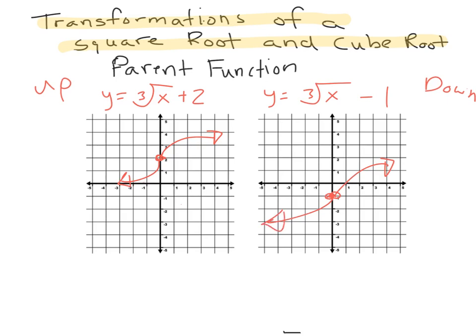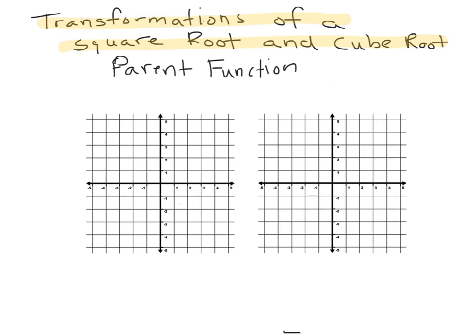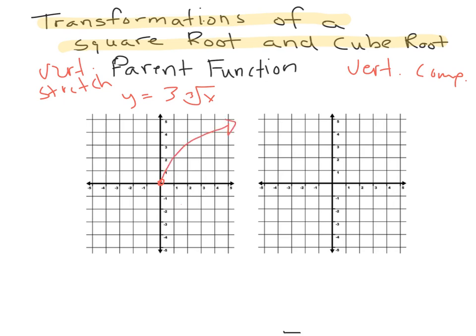Now let's talk about the stretches and compressions. Aha, that'll be fun. Remember, this is the vertical stretch. This is vertical compression. All right, so a vertical stretch, that'd be y is equal to 3 cube root of x. Okay, so what that's going to do is literally stretch the look of the S. So it'll be up and higher like that.